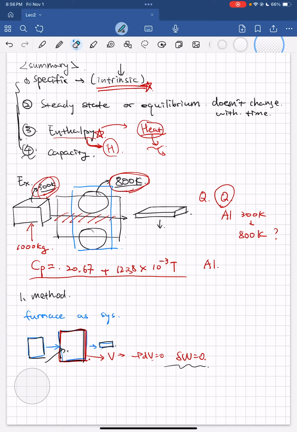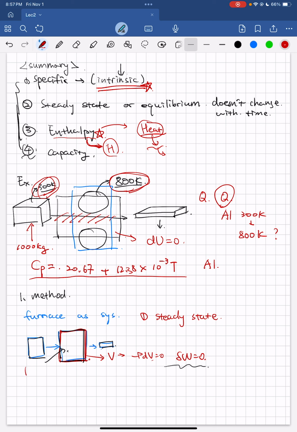All right. Sorry. We assume it's steady state, so the dU doesn't change for this. dU equals 0. Okay.